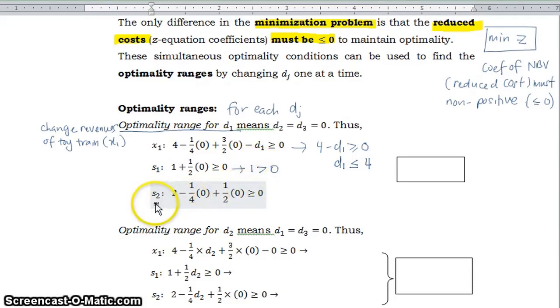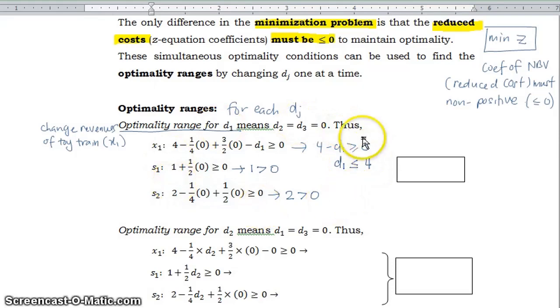The reduced cost for S2 is 2 minus 1 over 4 D2, which is 0, plus 1 over 2 D3, also 0. We get 2, which is always greater than 0.